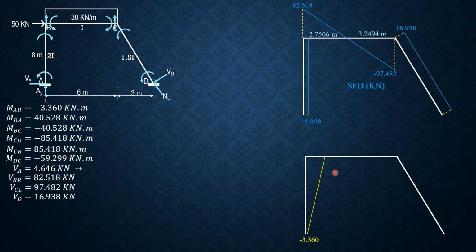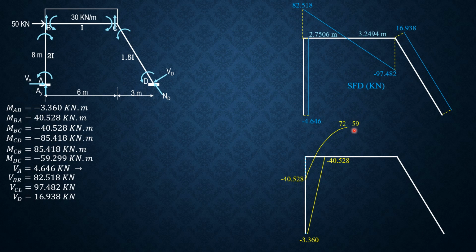Then we have straight line negative 40.528. It's correct. So close there. So it should start with negative 40.528. Then plus the area, 1/2 of 2.7506 times 82.512, positive decreasing.